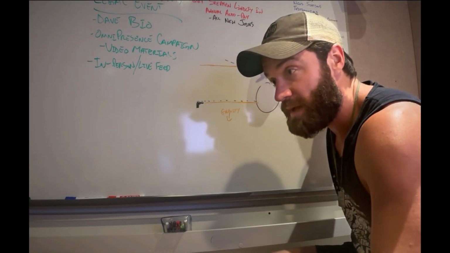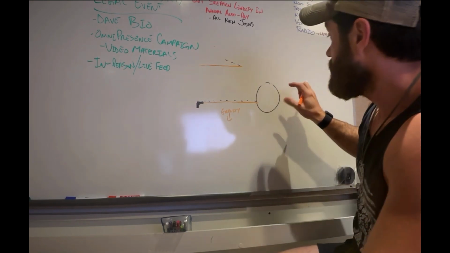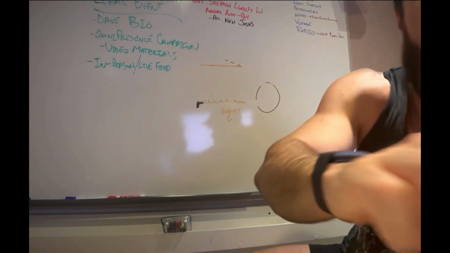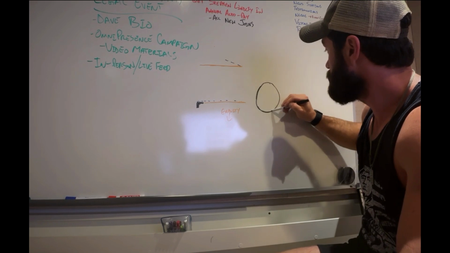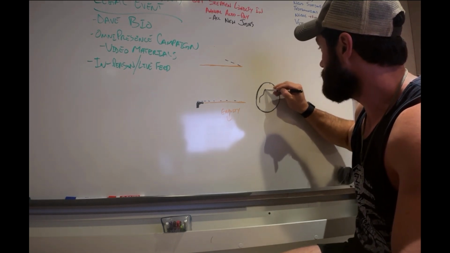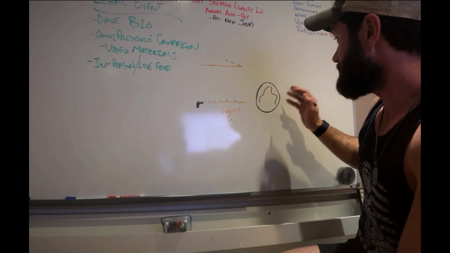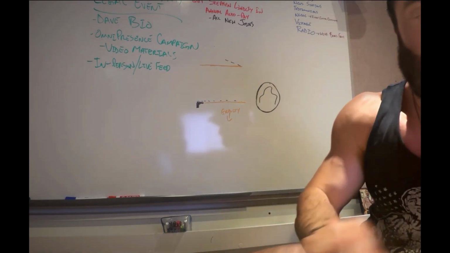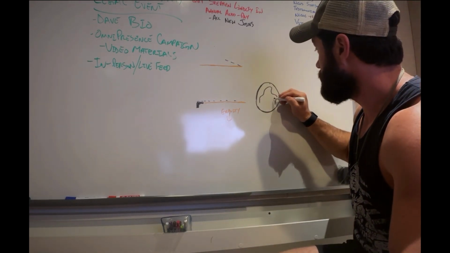Your point of aim, point of impact is no longer going to be the same, because now if we take this circle here and we look through it, and here's our target off in the distance. If I'm on my side and I'm aiming, let's say, with my red dot reticle, I'm aiming right here.